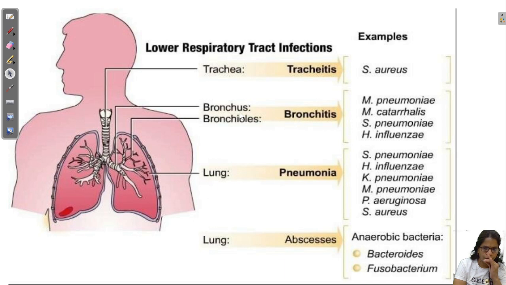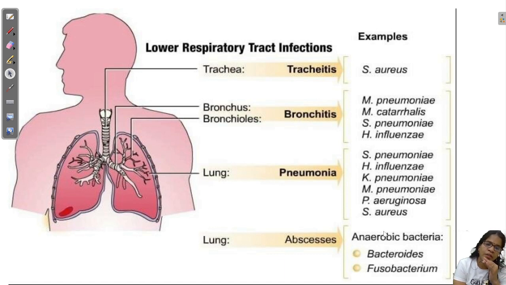If you go across to pneumonia, we hear about it a lot because it mainly affects the lungs. Pneumonia mainly affects the lung part of your lower respiratory tract, and the bacteria include Streptococcus pneumoniae, Haemophilus influenzae, Mycobacterium pneumoniae, Streptococcus aureus, and Pseudomonas aeruginosa. And you also have anaerobic bacteria.